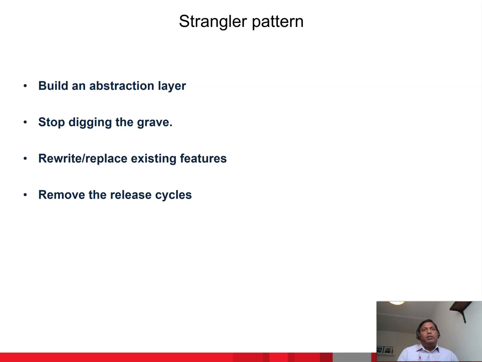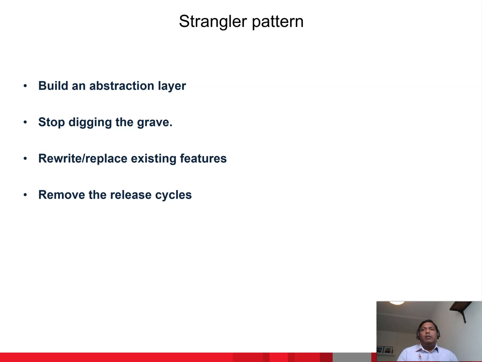The next point is to stop any development on the monolithic. That functionality is available and no longer changes. Make sure it is called via an API. This implies you may have to change other applications that interface with this one. What you are doing is isolating the monolithic and only accessing it via the APIs. Any new development is done outside the monolithic and interacts with it via the abstraction layer.